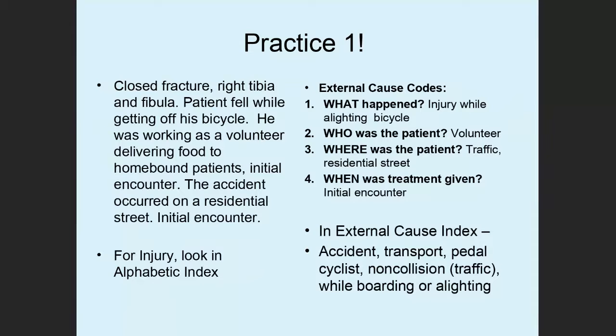So let's answer these questions. What happened? Injury while alighting a bicycle. Who was the patient? Volunteer. Where was the patient? Traffic, residential street. When was treatment given? Initial encounter. So in the external cause index, you're going to look up accident, transport, pedal cyclist, non-collision, traffic, while boarding or alighting.